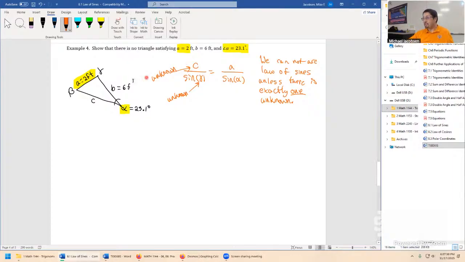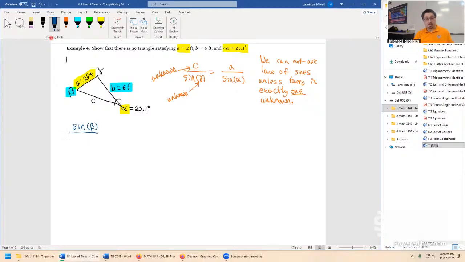We have to focus instead on the angles. We can do potentially something with the angles. This is an unknown beta here, but we have a known side length B, a known angle, another known side length A. So that would be just 1 unknown if we used beta here. So let's go that route. Here's an unknown beta with a corresponding side length 6 feet. So let's say sine beta.